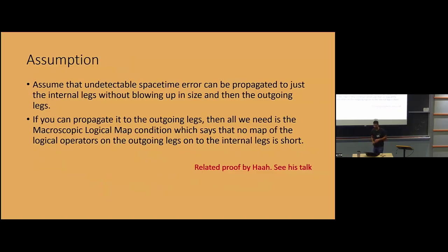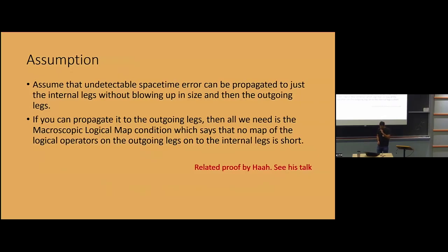I have this gadget map which says incoming Pauli operators or outgoing Pauli operators map onto the internal legs. But using this map, I write a space-time dynamics. I write a circuit, right? So the circuit is kind of a fleshed out version of this map, and there is a flow of Pauli operators through the circuit, right?